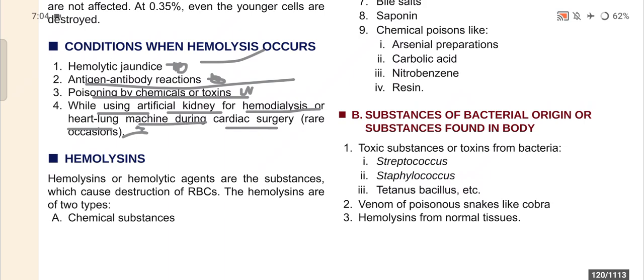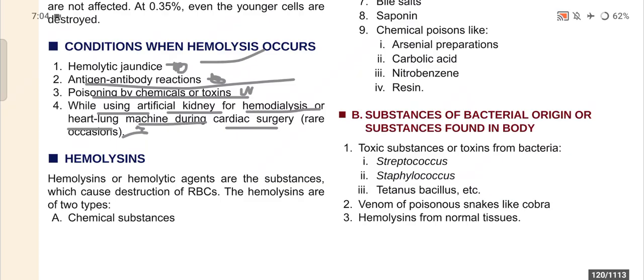Whenever a patient is affected by jaundice, especially hemolytic jaundice, what happens? The RBC breakdown starts and the hemoglobin is released from that RBC, so hemolysis can occur. And antigen antibody reaction.